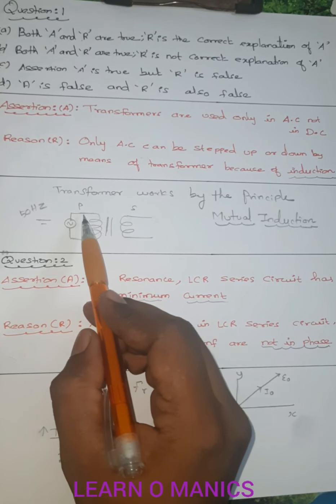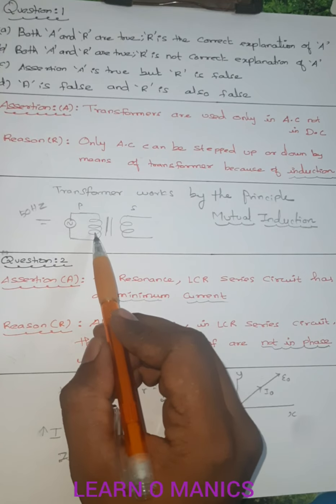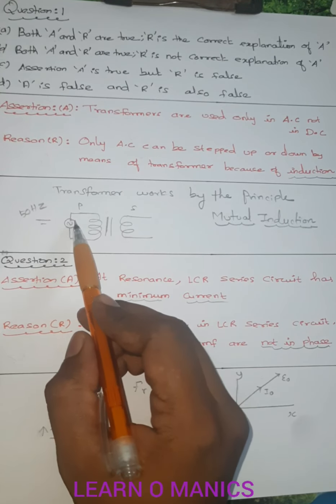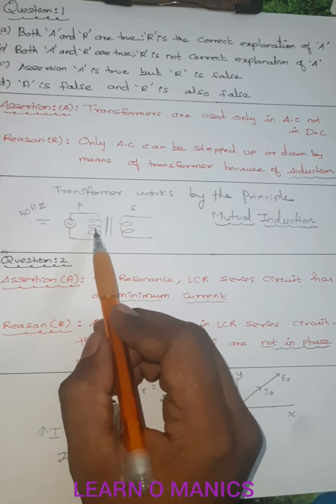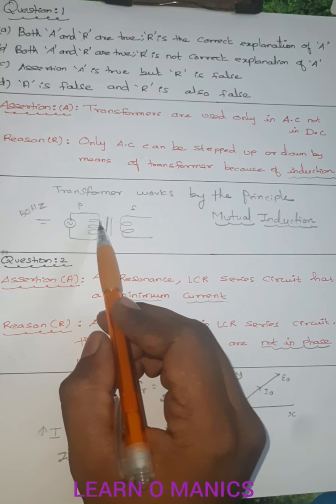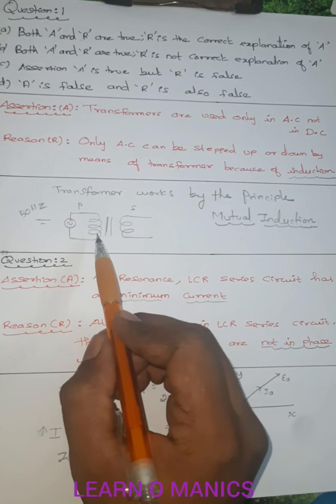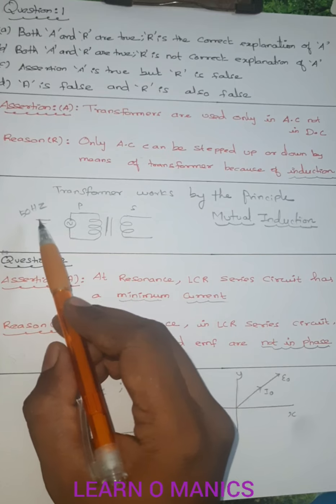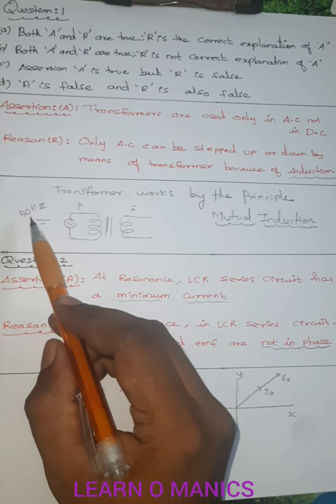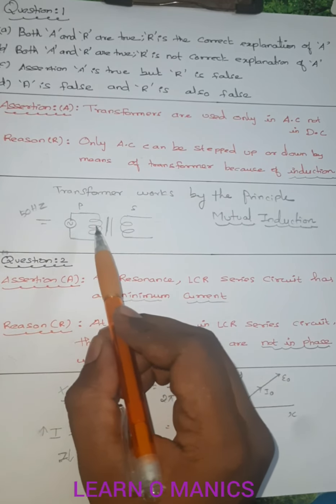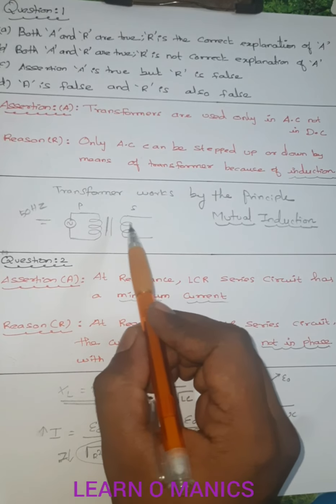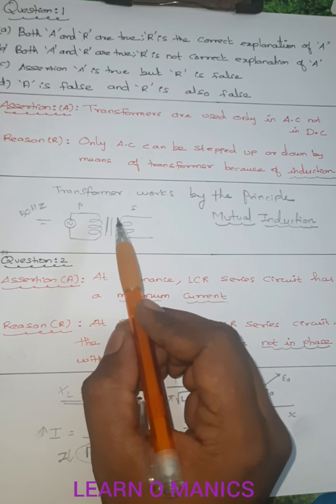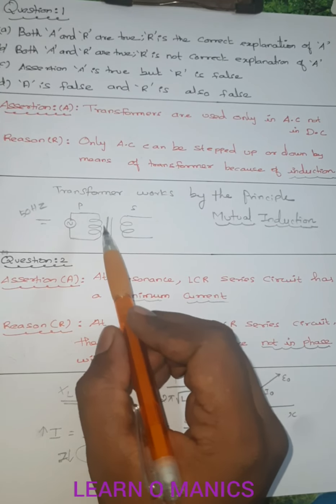A conductor which is carrying current can produce a magnetic field, and the AC will produce a magnetic field that is varying in nature. That means its direction will be changing 50 times per second. That's why we call AC as having a frequency of 50 hertz, right? The secondary coil is placed where the magnetic field is varying again and again.